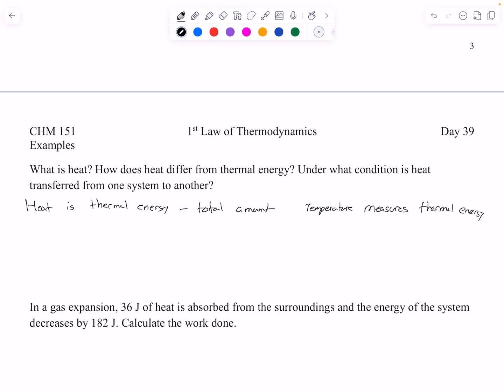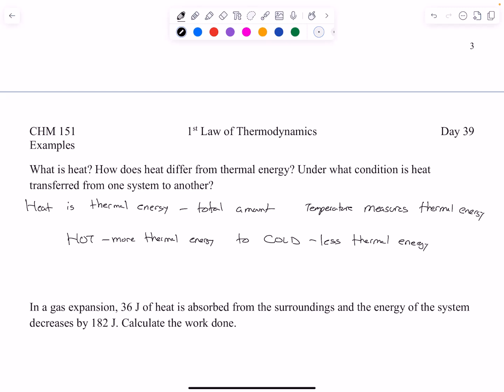And so under what condition is heat transferred from one system to another? It's always hot, right, which is more thermal energy, to cold, less thermal energy.